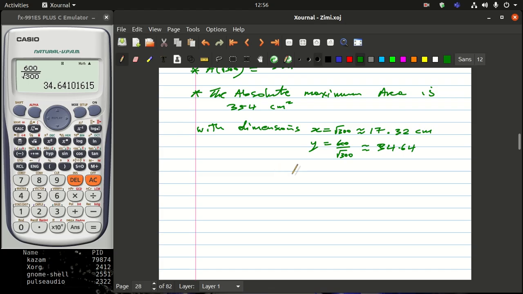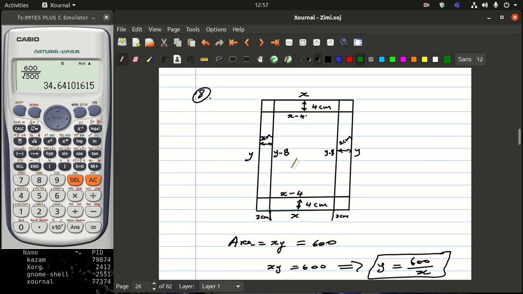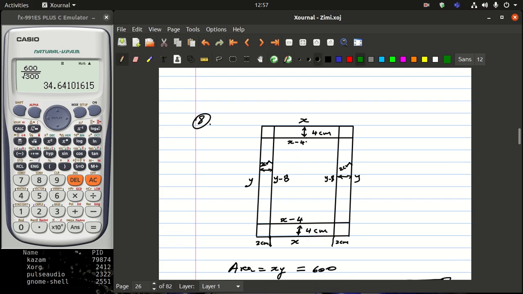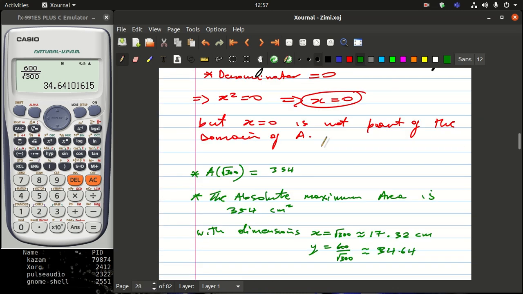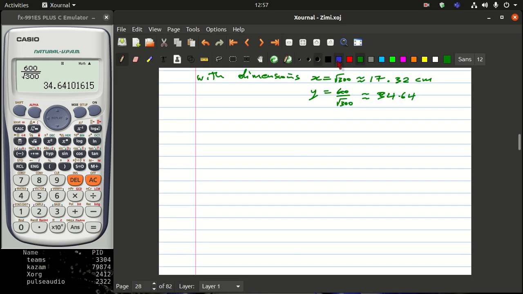The actual dimensions we should find are those of the printed region. So if this poster has margins on the sides, what are the dimensions of the printed area? Here we are looking for this one. So for our y, we need to subtract an 8 to get the actual dimension. For our x, we need to subtract a 4. So the actual dimensions of the part that has the images, if we remove all the other parts, I'm going to call x prime, which is going to be 17 minus 4.